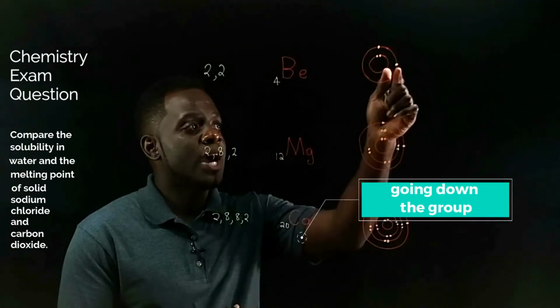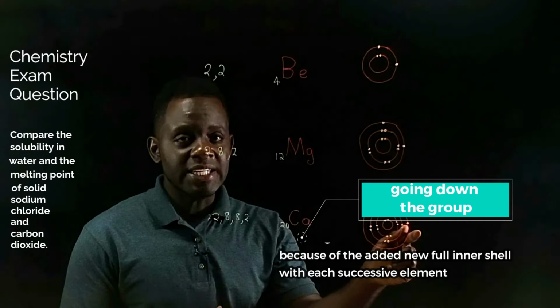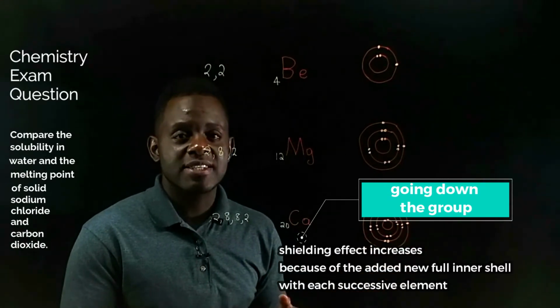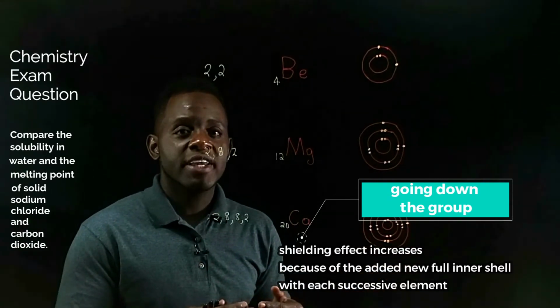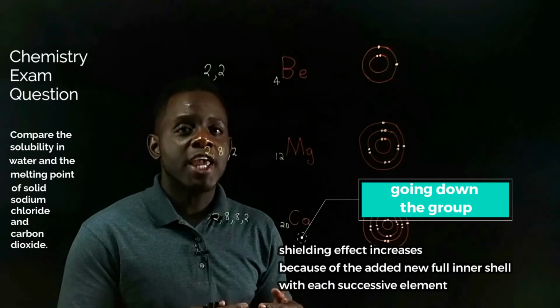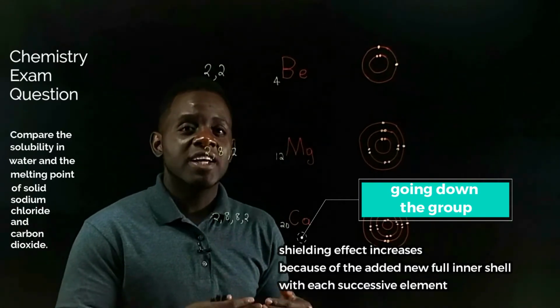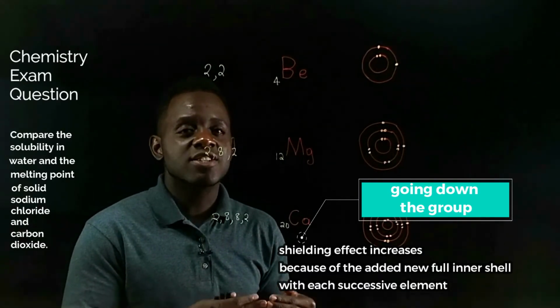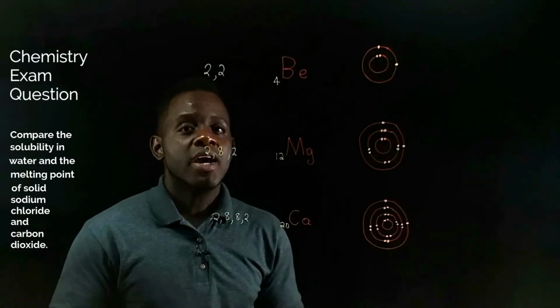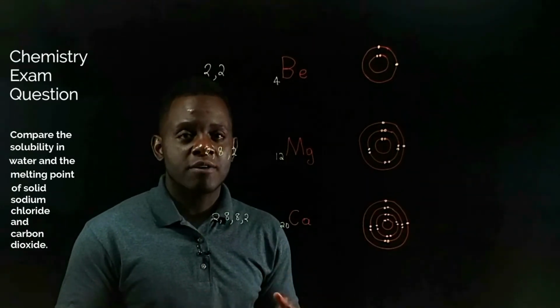So as we go down the group, shielding effect increases because there is an addition of a new full inner shell with each successive element. That has a number of effects.